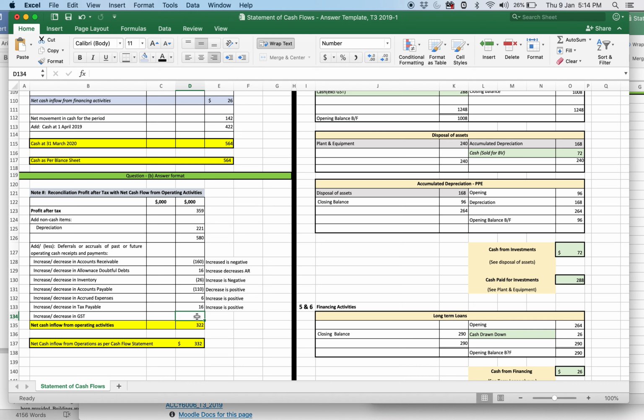The GST is changed by 10,000. Okay, so that's got it right.